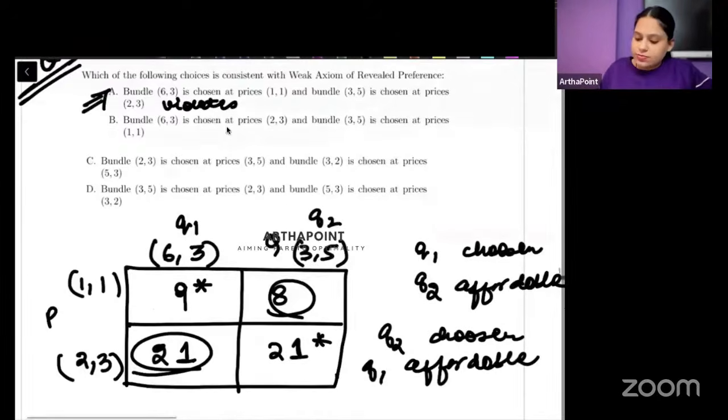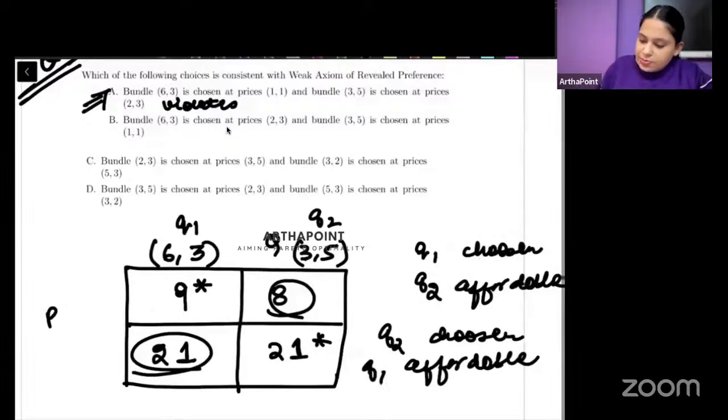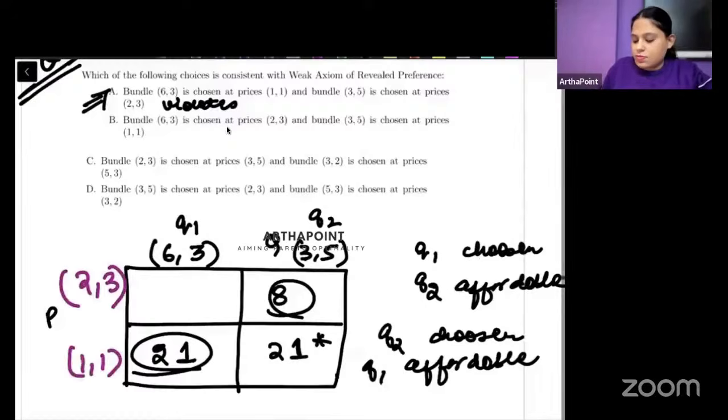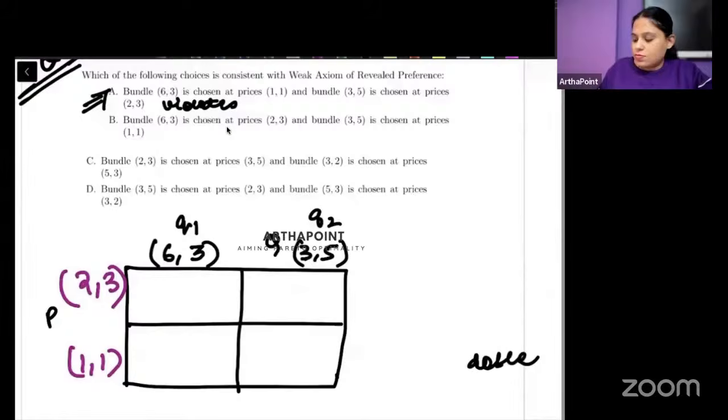Check for the second one. 6, 3 at price 2, 3. 3, 5 at price 1, 1. Check for option number B now. Okay.